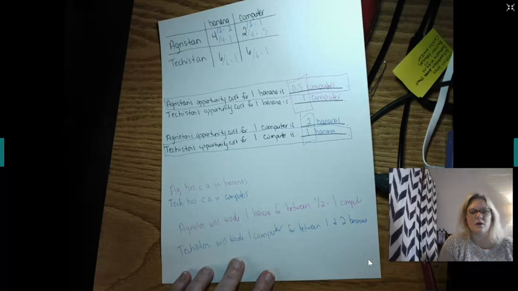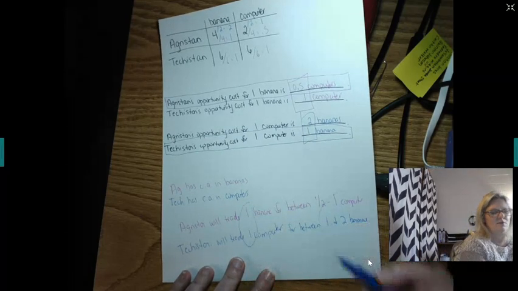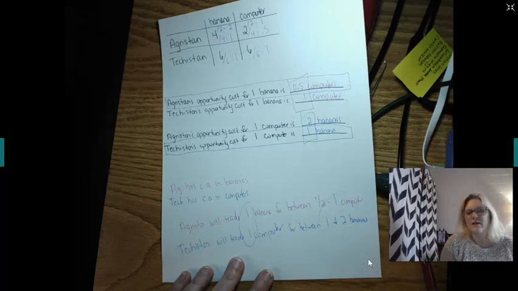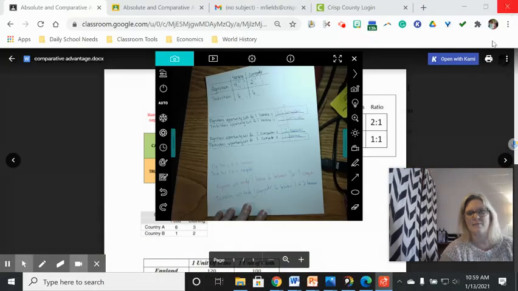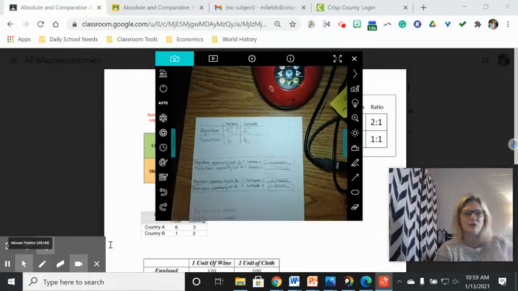So they could work on a one-to-one basis because you've got them each trading one for one there. So if they traded on a one-to-one basis, both would be able to benefit from this transaction. I hope that helps you. If not, email me and send me any questions that you have.